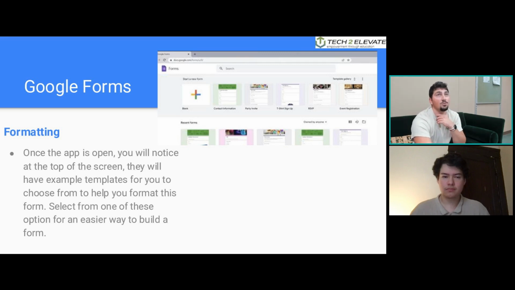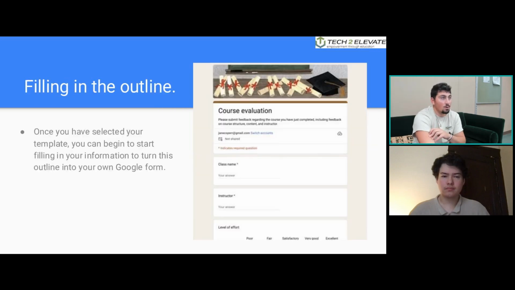So, just for example, on this picture, the templates given are: you could make a Google form for contact information, party invitations, RSVP, T-shirt sign up, something similar in that nature. You want people to answer these questions to get a majority rule. Really, you're trying to figure out data is what these Google Forms are for.